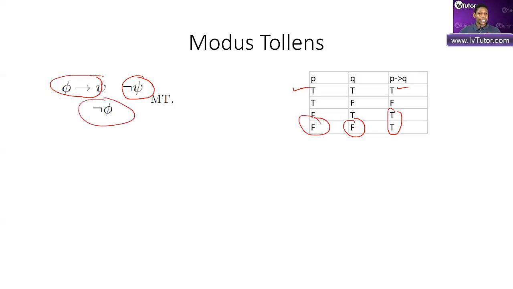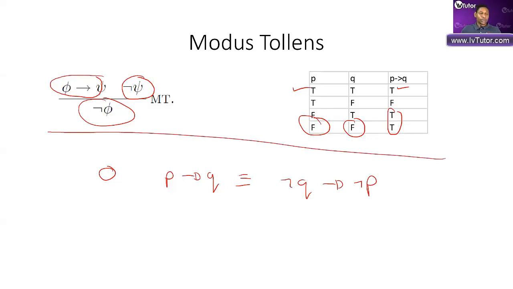If you've been following this series of videos, remember we say that there was an example that we did, and we say that this is similar to not Q implies not P, right? So we see that relationship being used once again here.